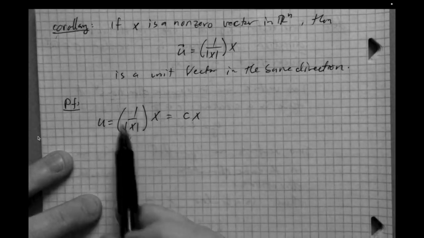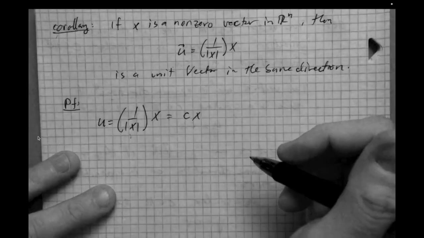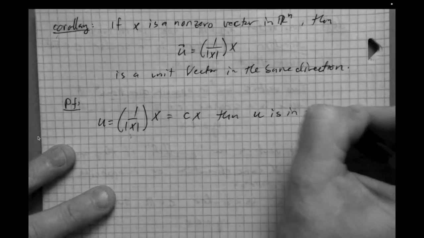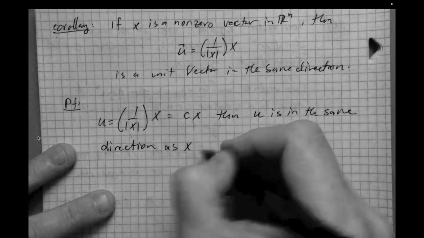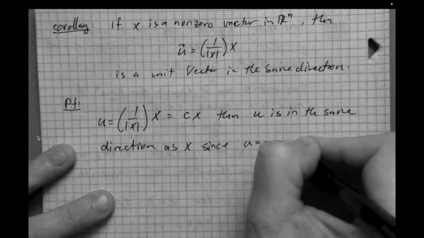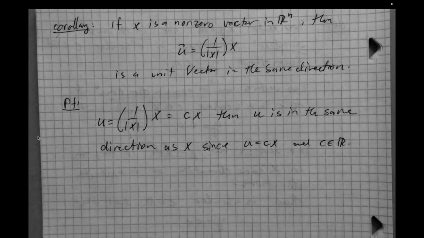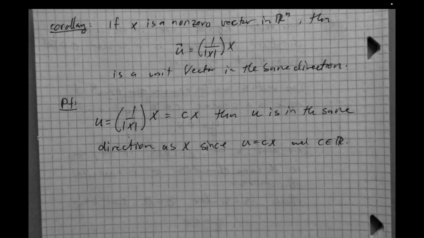So if u has this form, then u is certainly in the same direction as x, because u is equal to cx and c is a real number. Okay, now how do we know that it's a unit vector though?